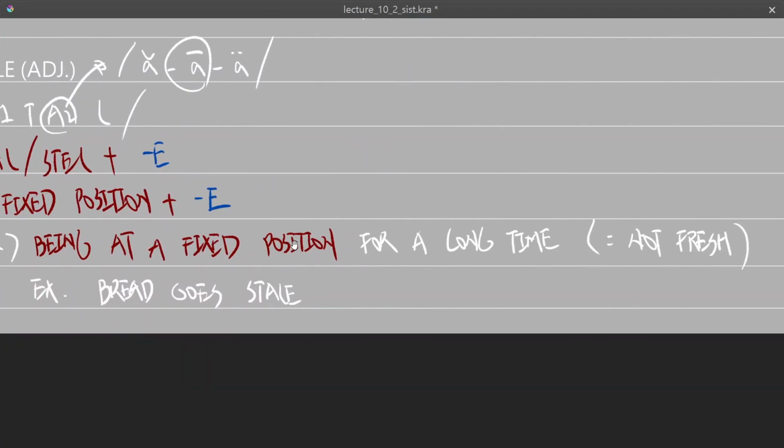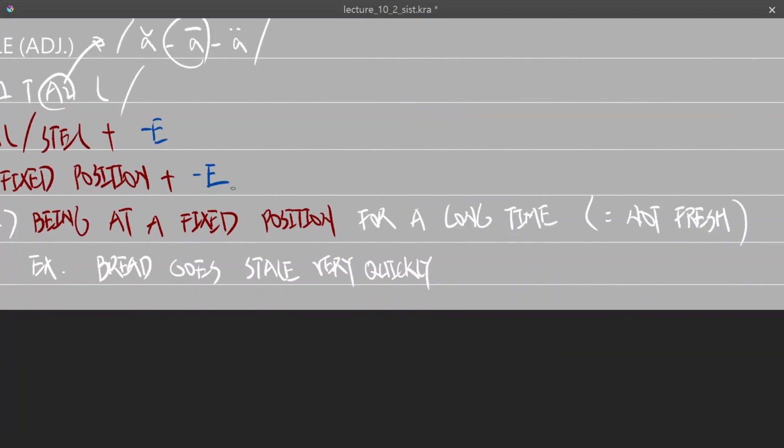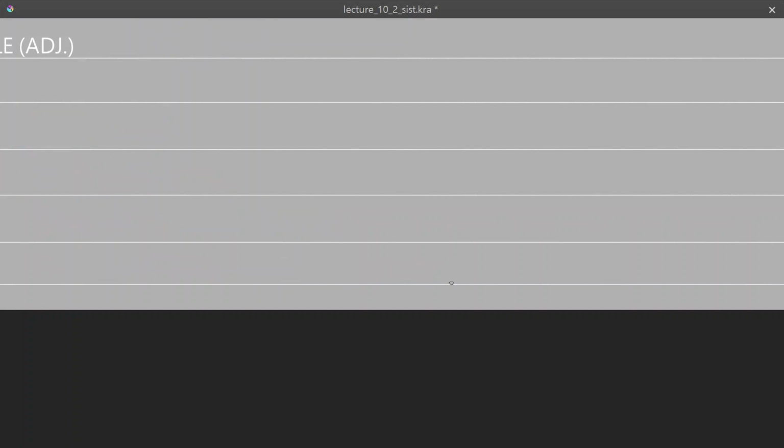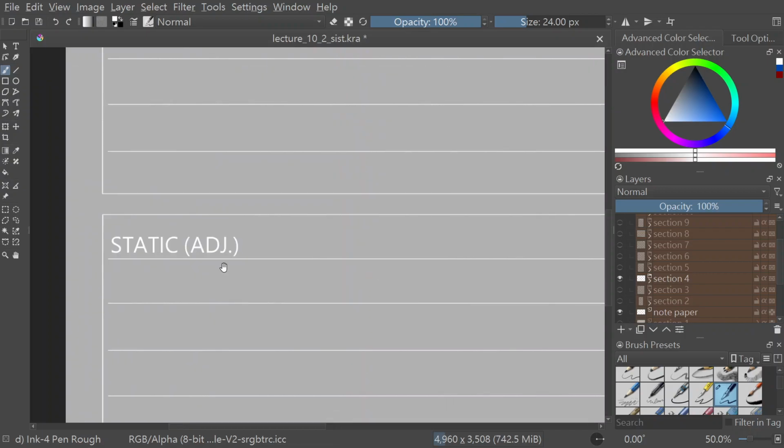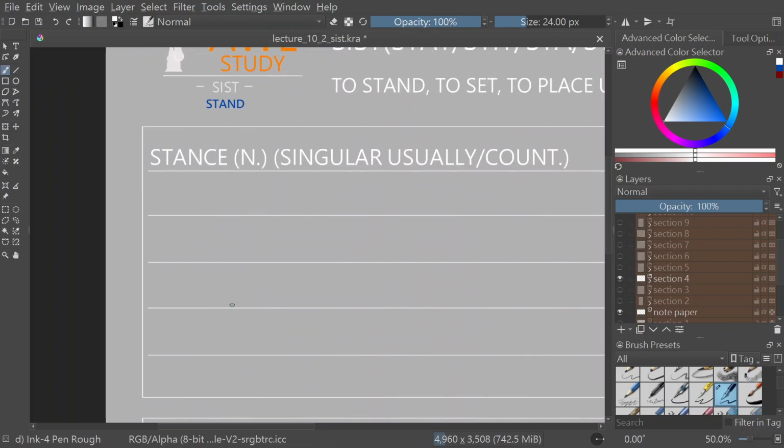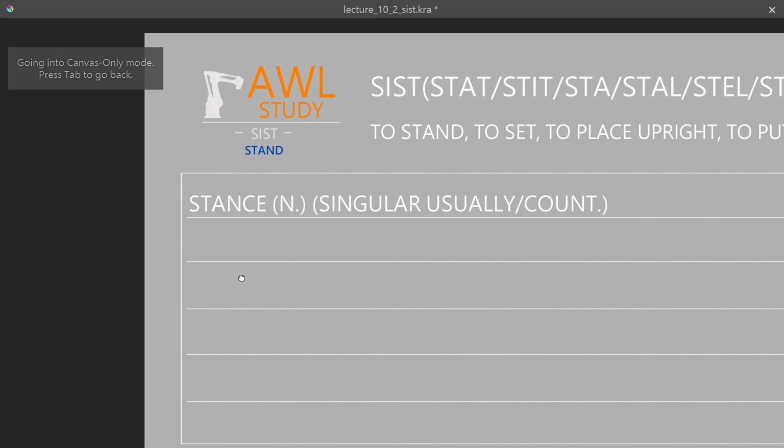Bread goes stale very quickly if you don't store it properly. All right, next we have stance.